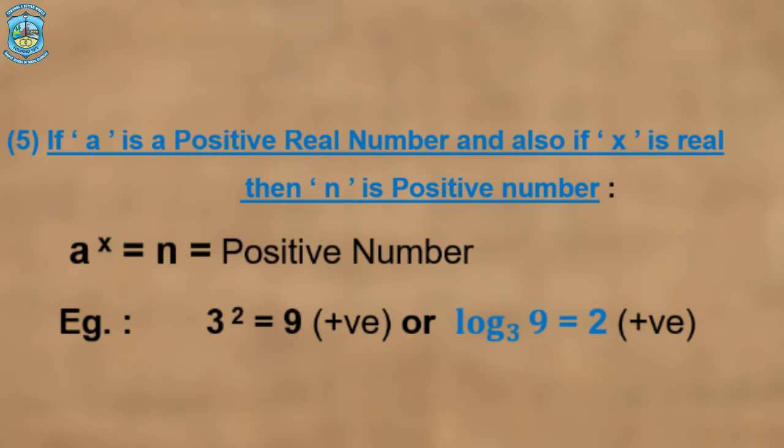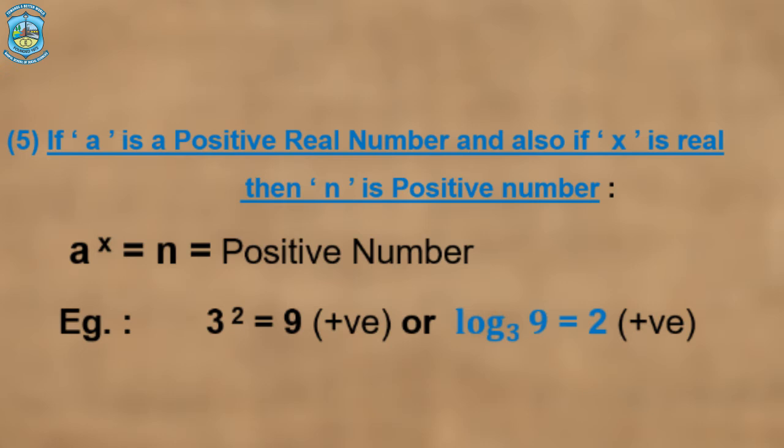Next property. If a is a positive real number and also x is real, then n is a positive number. We can write it as a raised to power x is equal to n, and here the value of n is a positive number. For example, we have 3 raised to power 2 which is equal to 9. Since the value of 3 is a positive value, so the value of 9 is also a positive value.